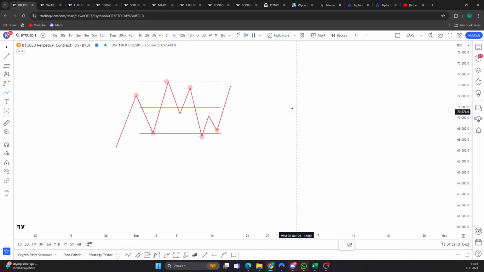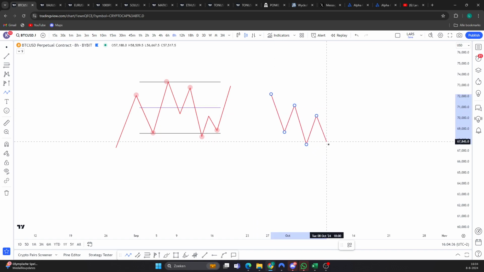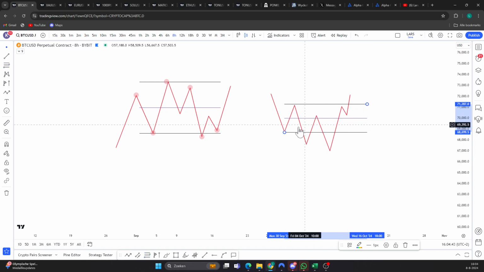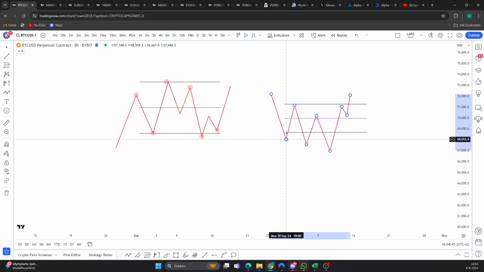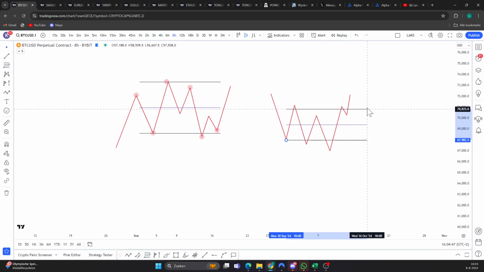And it works the same the other way around, right? Let's say we have an accumulation schematic right here, and it's a model 1. Boom. We have our range here. Let's make this a bit deeper so it looks extra clean. There you go.